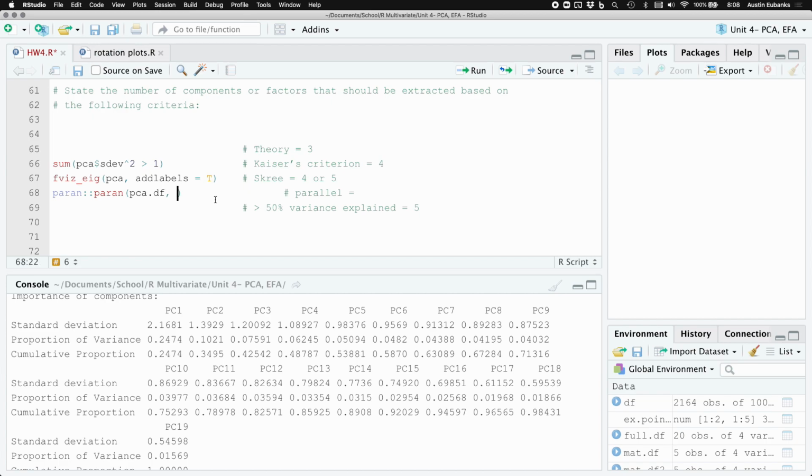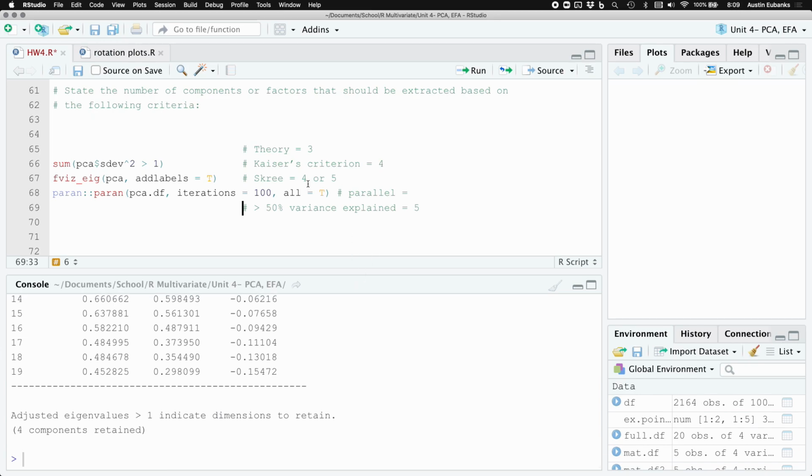We'll do 100 iterations of it, which is just randomizing or inserting random data, running the PCA, looking at the eigenvalues, etc., doing that 100 times, then looking across all of them. And for now, we're going to include an argument all equals true, and we'll explain why after we run it.